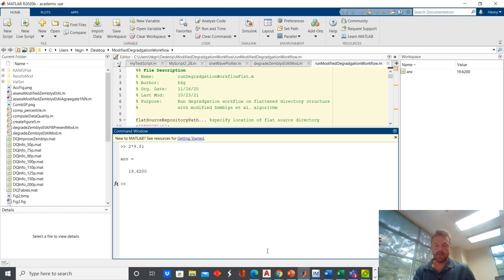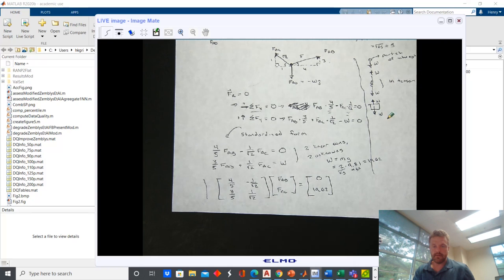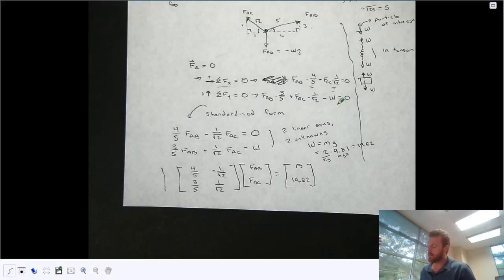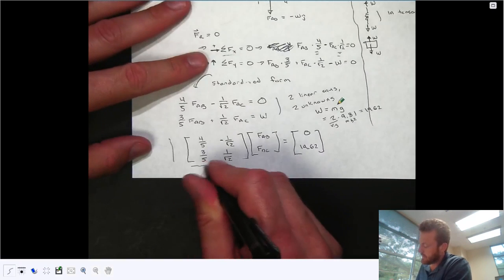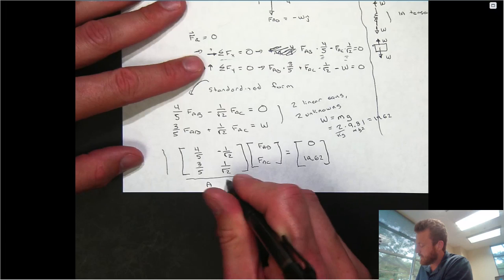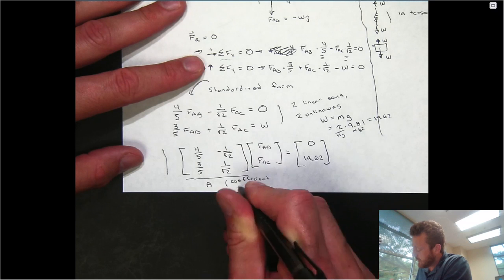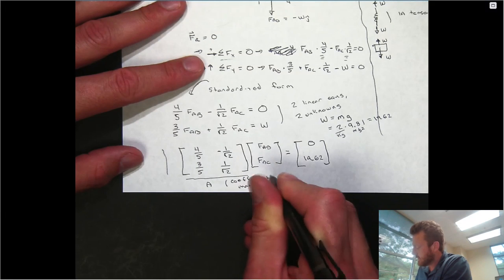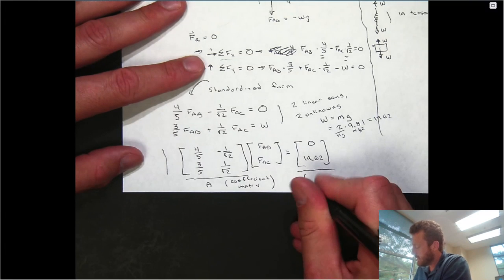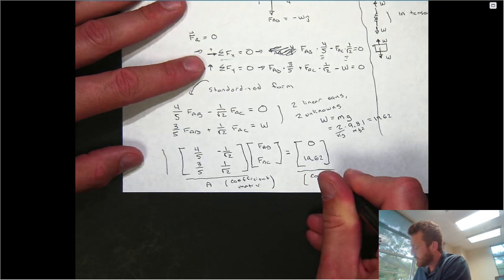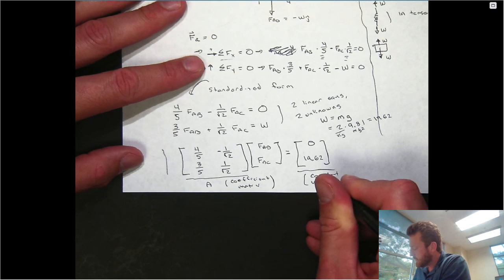So oftentimes in matrix vector form of linear systems, you'll call this matrix A. This is called the coefficient matrix. And you'll call this vector maybe the constant vector or the forcing vector.